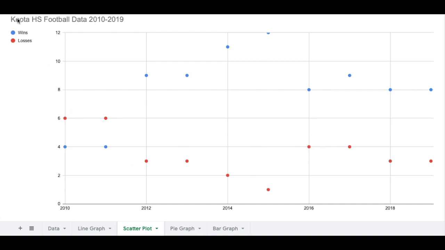And it has the same thing, Keota High School football data, 2010 to 2019. Blue is for our wins, red is for our losses. Once again, this is our legend. X-axis is the year, and the y-axis is the number of games.